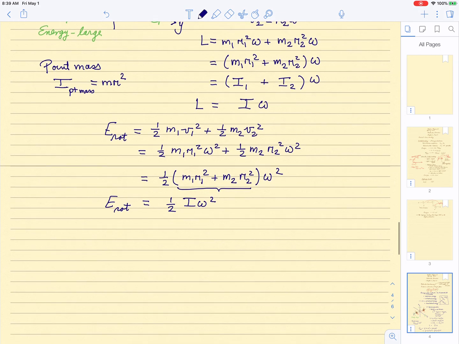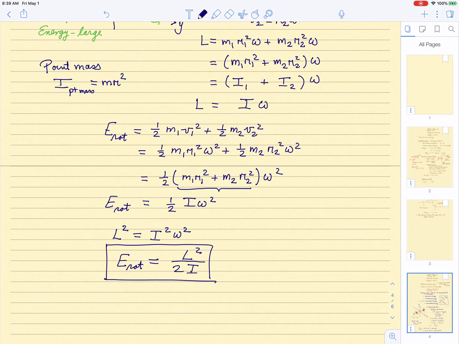So again, looking at L squared, it would be I squared omega squared, which means that we can write the rotational energy in terms of the angular momentum, and so that will be equal to L squared over 2I, and that's probably worth a box.